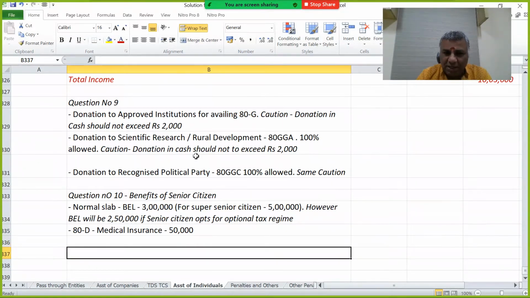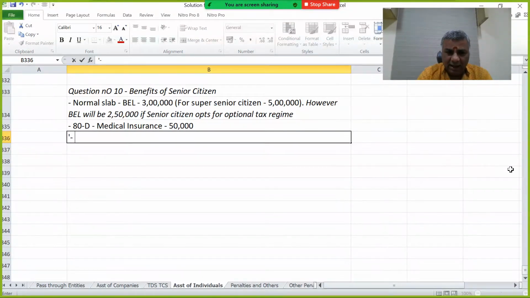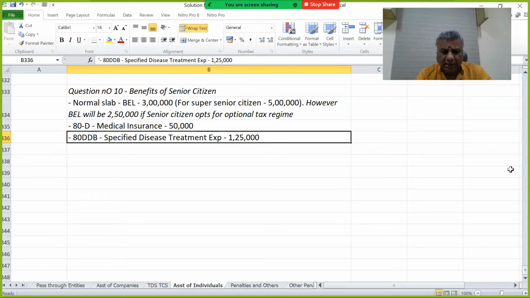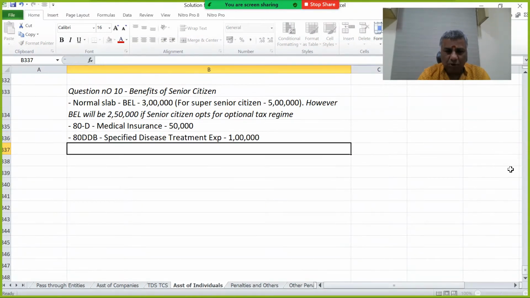Then 80DDB, specified disease treatment expense: if the ailing person is a senior citizen, I get up to 1,00,000, and 80DD is 1,25,000. I get up to 1 lakh 40,000 for others, 1 lakh.